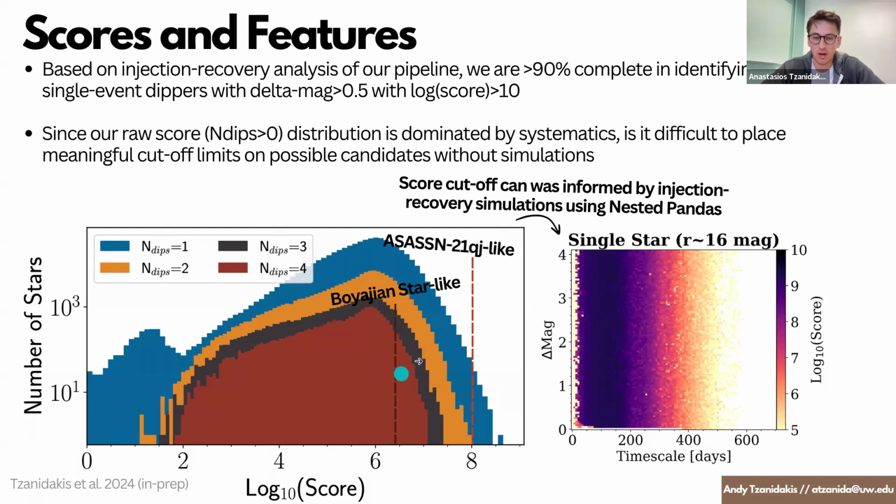Then we can set cutoff points for where exactly we should be looking for these dipper stars. And so we believe our pipeline is complete to about 90% for finding single dimming events. But in reality, there are some stars that might have multiple dimming events that may or may not be periodic, that we also need to investigate.